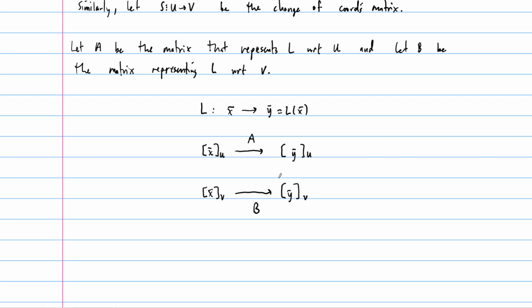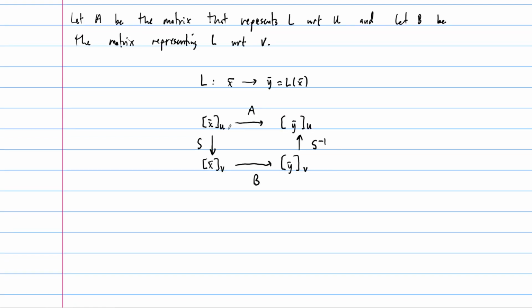We've got these two situations happening simultaneously, but notice that the vertical sides here are just the change of coordinates matrices. Our matrix S changes from U to V, so one goes this way. If we want to go from V back to U, that would be S inverse.